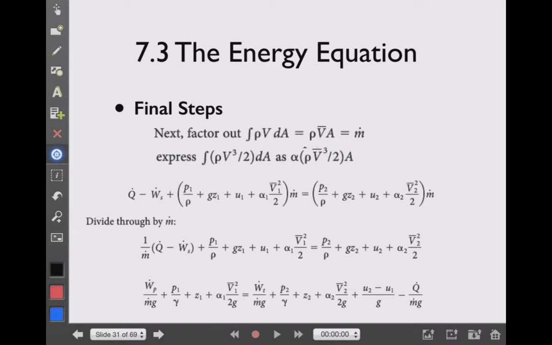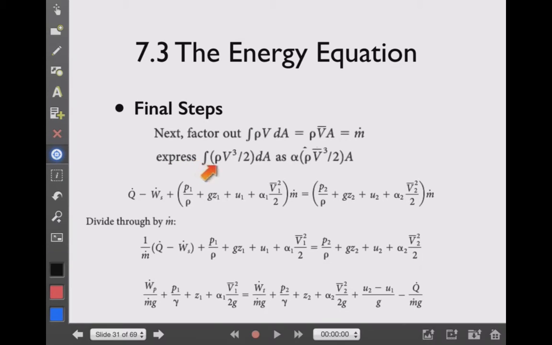So when we make an additional simplification here, if we can factor out the density times the velocity integral over area, that really, as we've seen before, is just rho times the area weighted mean velocity times the area. And that is m dot for the uniform velocity, or the mean velocity.